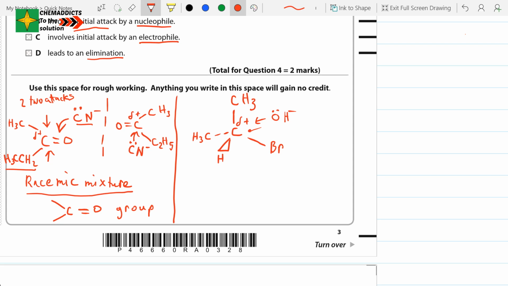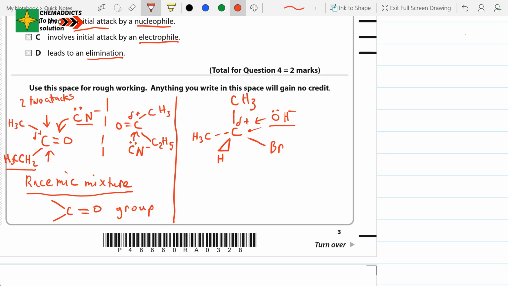This reaction doesn't form a racemic mixture, since the C-delta-plus atom of this molecule that is attacked by the hydroxide nucleophile has a tetrahedral arrangement.